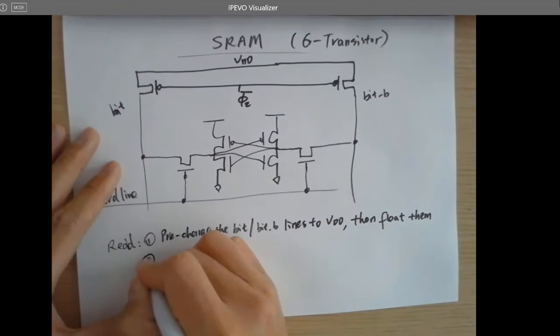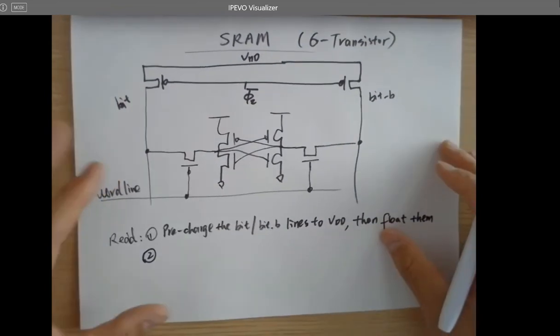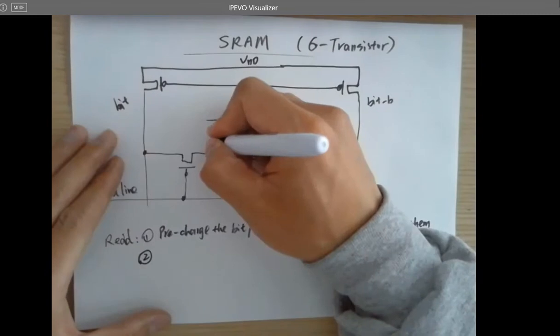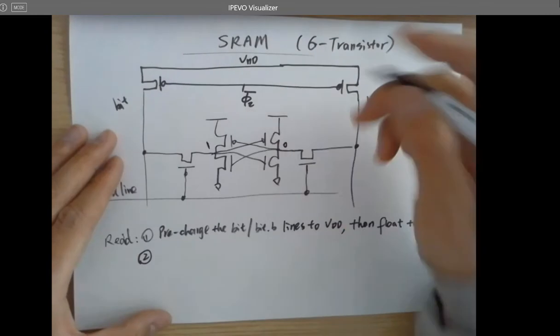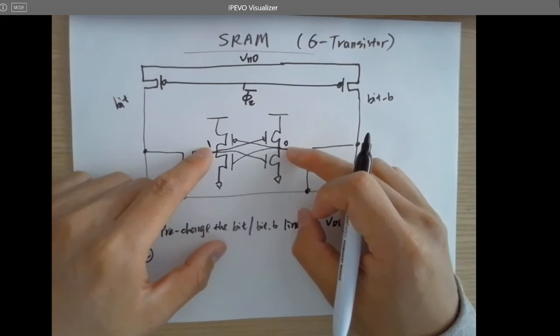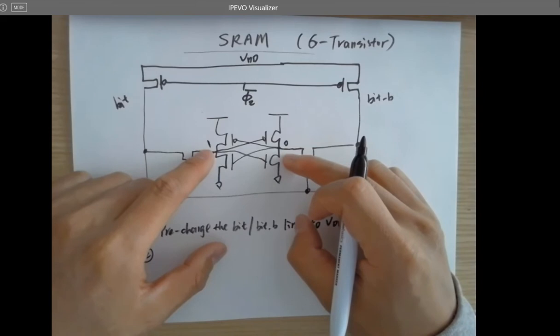What's the next step? So you can give some examples. So if this is 1, this is 0, why does it have to be 1, 0? Keep in mind, that can be a question on the final exam as well. Why does it have to be 1, 0?